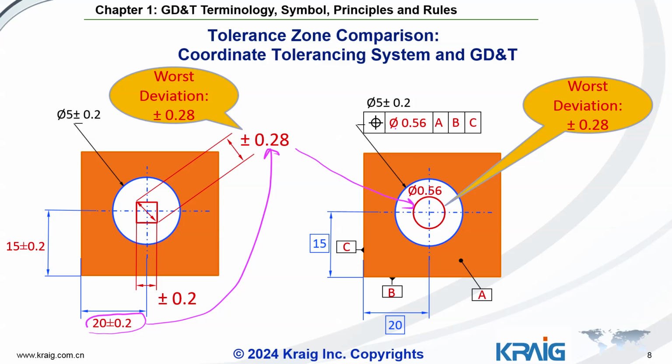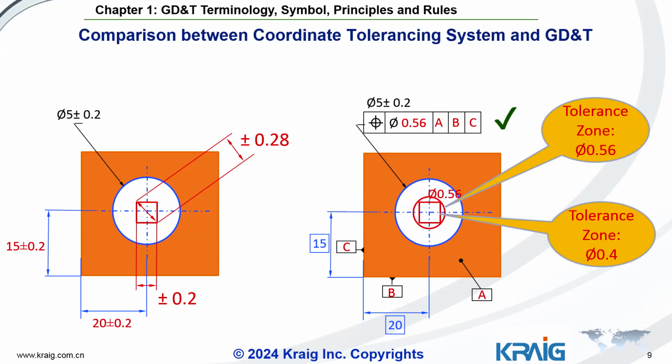If we use the position tolerance 0.56, then you get the same worst deviation, plus minus 0.28. I mean the worst situation. Okay, however, this one has more area than this one. So what does it mean, more area? Let me give you one example here. From a function point of view, for a hole, the assembly will be mating with a shaft.